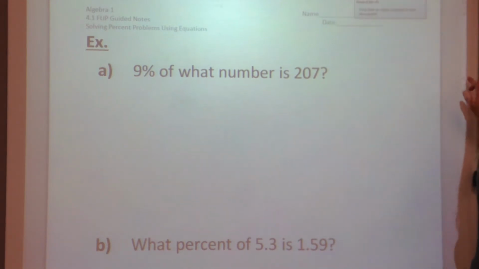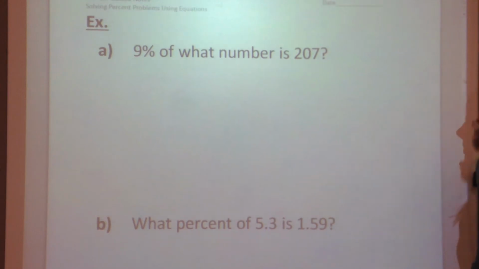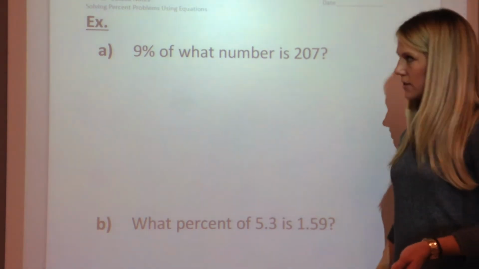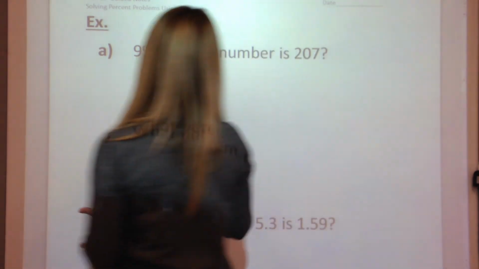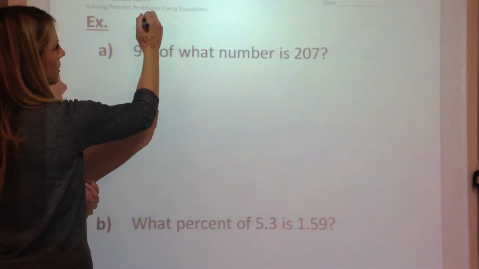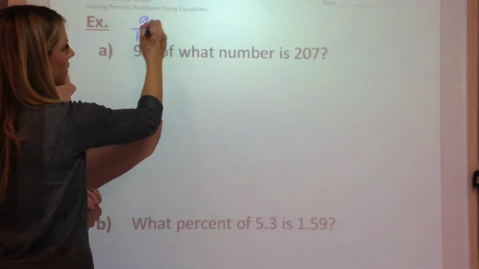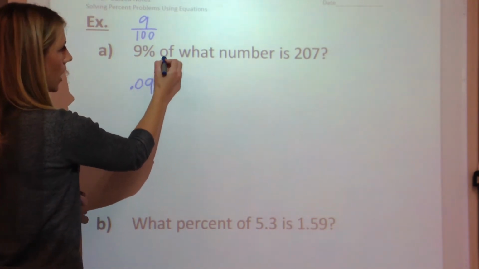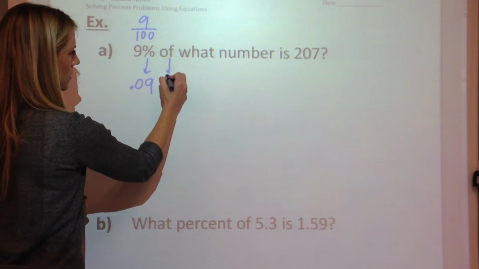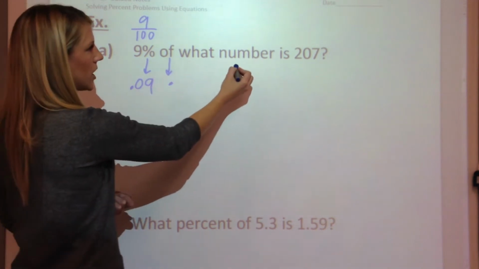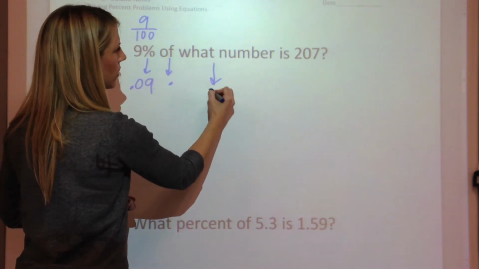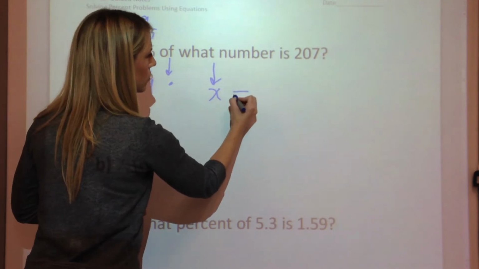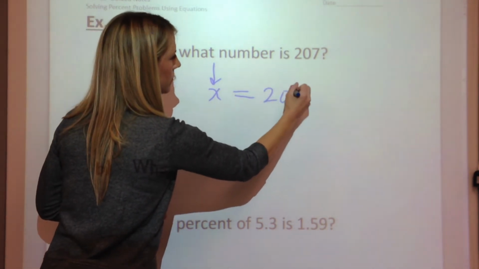So, when we look at 9% of what number? First let's look at 9%. 9% is 9 out of 100, and 9 divided by 100 is 0.09. So 0.09 of, so that'll be multiplication, what number? We don't know what the number is, so let's just call it X, is equals 207.